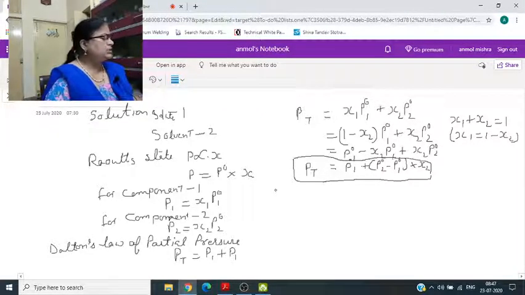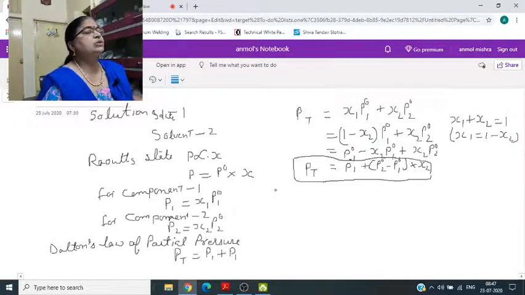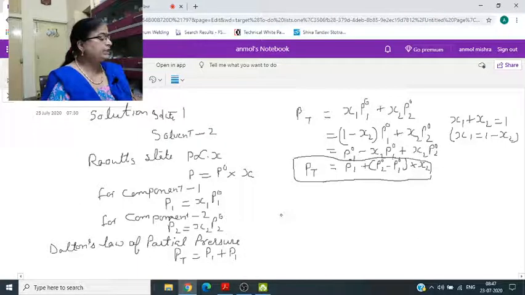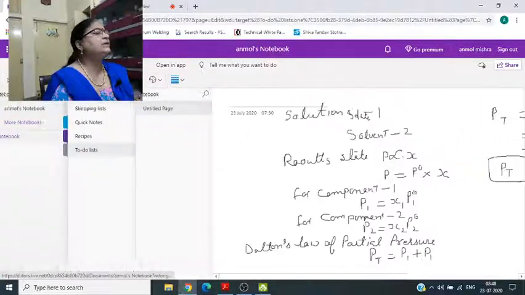Number 2, the total vapor pressure over the solution varies linearly with the mole fraction of component 2, which I will show you after drawing the graph. And third, depending upon the vapor pressure of the pure components 1 and 2, the total vapor pressure over the solution decreases or increases with increase in the number of moles of component 1. So I will draw the graph, you can see there.